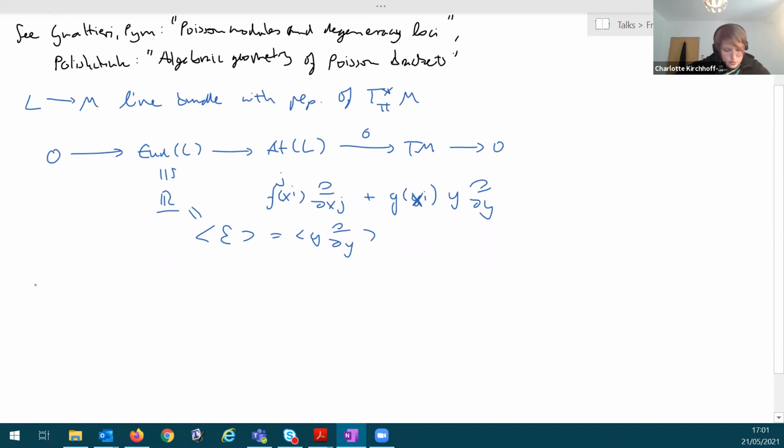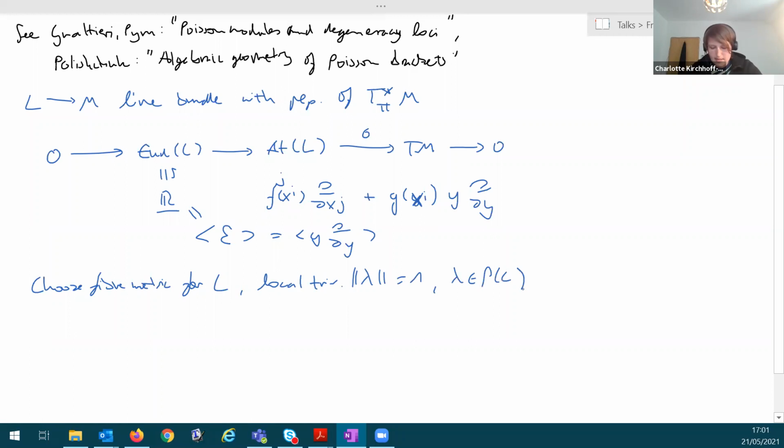So now choose a fiber metric for L. Just fix some fiber metric and local trivialization, so that in each open neighborhood of the trivialization we can pick sections of norm 1, lambda, so we get this local basis of length 1 sections. Once we've made this choice, that induces a flat connection on L, by which I now mean a flat tangent bundle connection, a connection in the conventional sense.